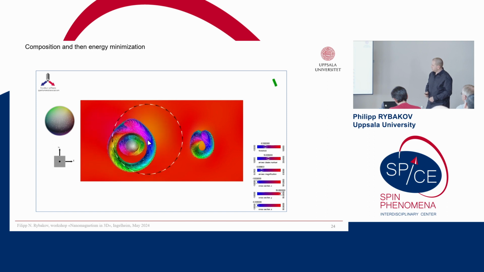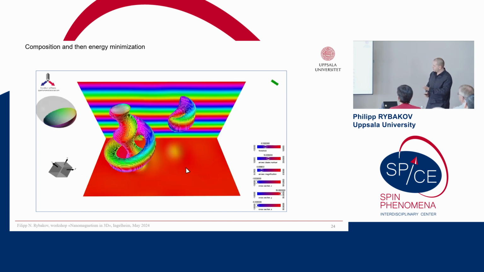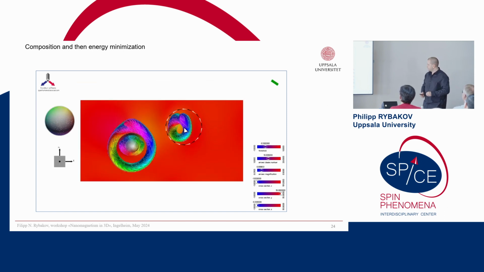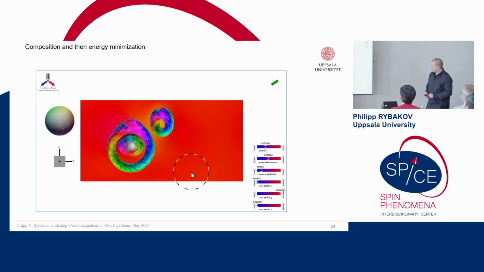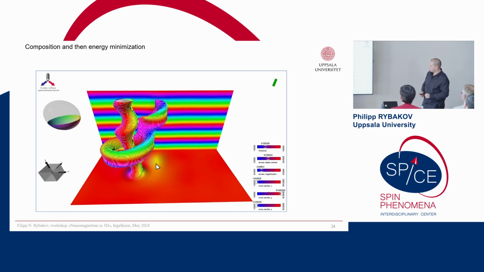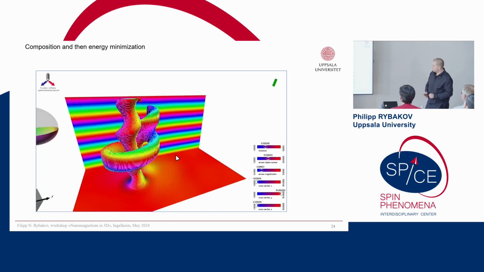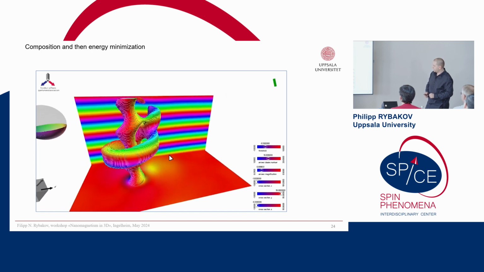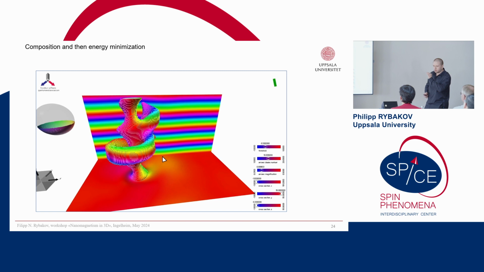Let's see what is happening. Now I move these objects towards each other to help them merge. The process starts now, and look at what is happening and how it is happening.